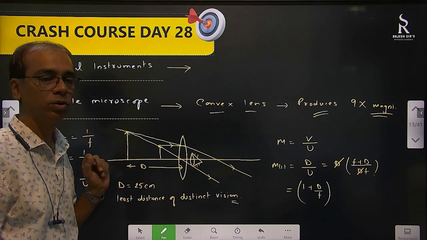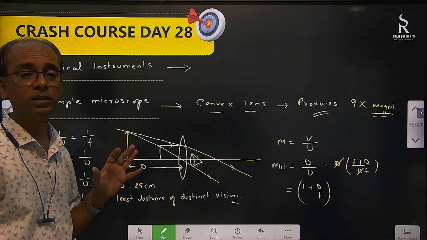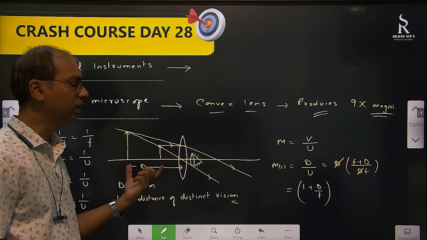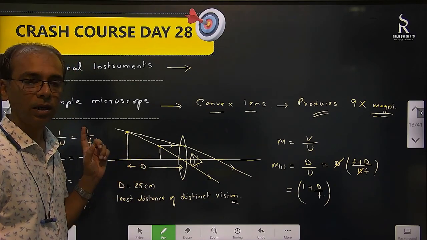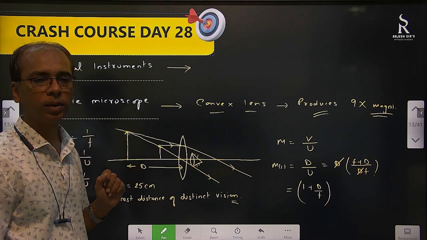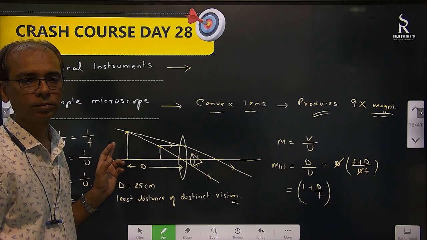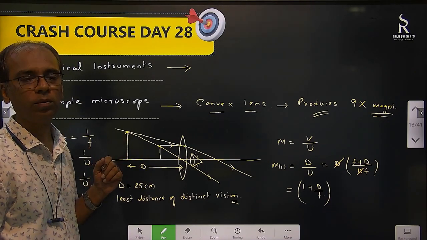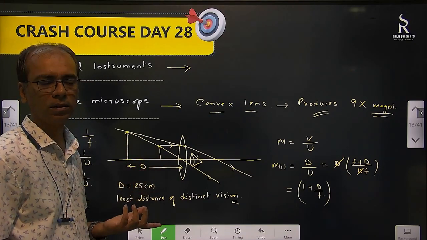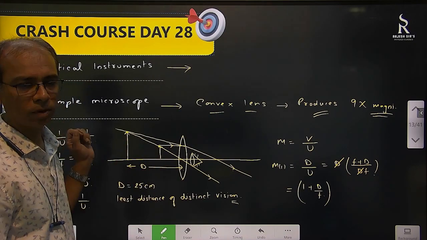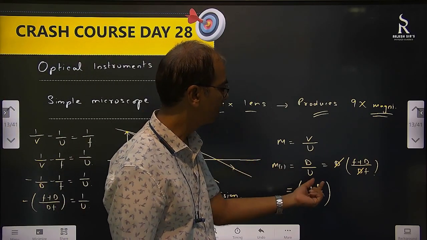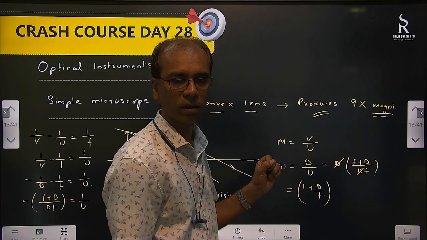But suppose we want to make the image at infinity. Infinity is when the eye will be relaxed. When you are making the image at D, the eye will be in stress. At infinity only, the eye will be relaxed. So if the final image I want to make is at infinity, then what will be the answer? Very simple. In that case, the object will be at the focus. Then only the image will be formed at infinity. So here it will become 1 plus D by F, but this term will not be there.